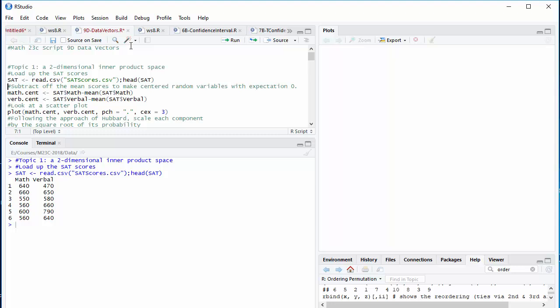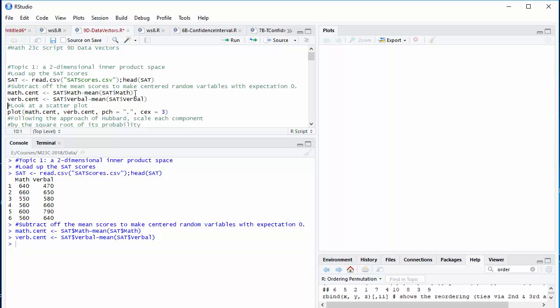Following the Hubbards, the first thing I'm going to do is to subtract off the mean from these scores to produce centered random variables. And recall that if you give R a vector that's too short, it just extends it until it's the right length. So this will subtract off the mean from the math scores.